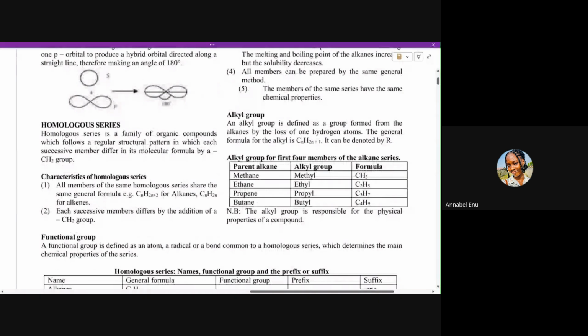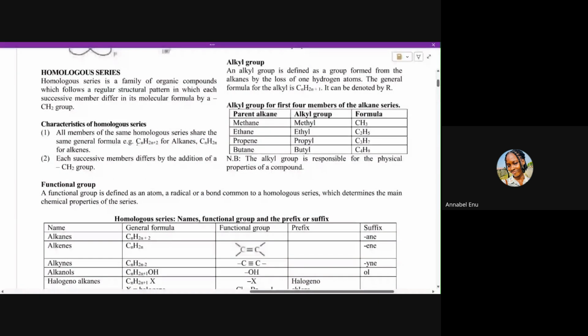So when we talk about homologous series, it's more like talking about a family from the same group. It's a family of organic compounds which follows a regular structural pattern in which each successive member differs by a CH2 group.